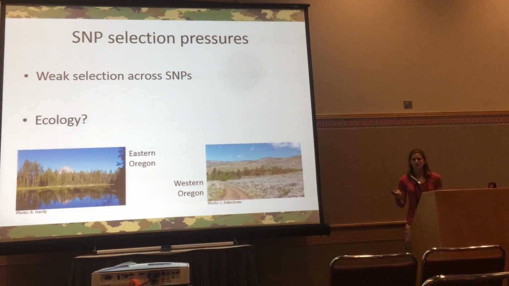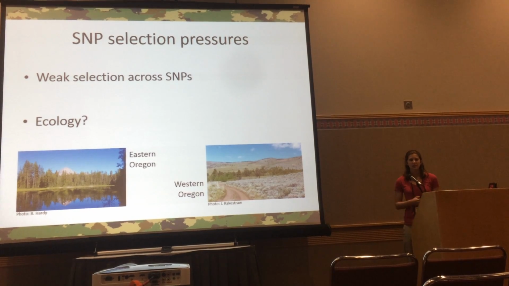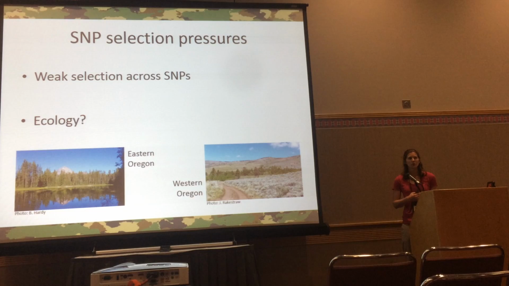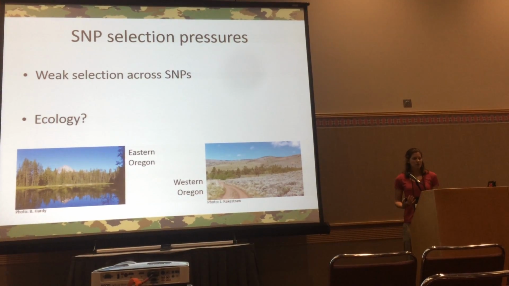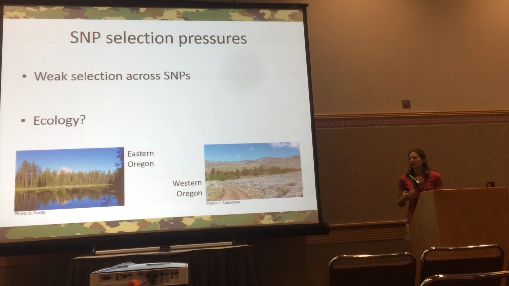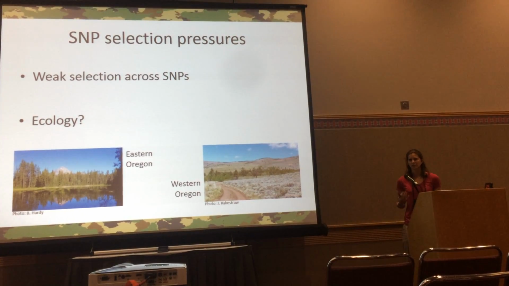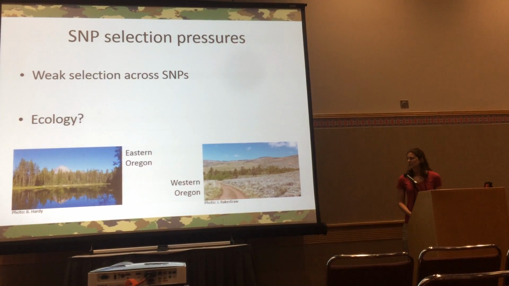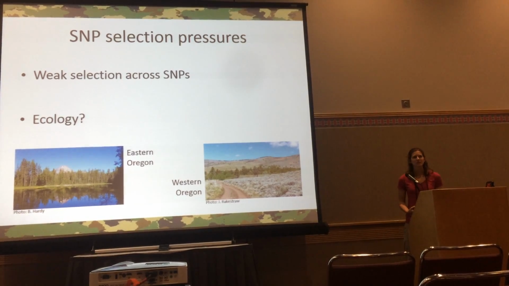We found, in general, weak selection across the SNPs that we looked at. In some cases, when we ran a cline analysis on particular SNPs, there was no difference in allele frequency across the hybrid zone. So it's probably a case of a bunch of SNPs having a small effect in maintaining the dynamics of this swarm. So instead of just sitting in the lab, why don't we go back to the ecology?